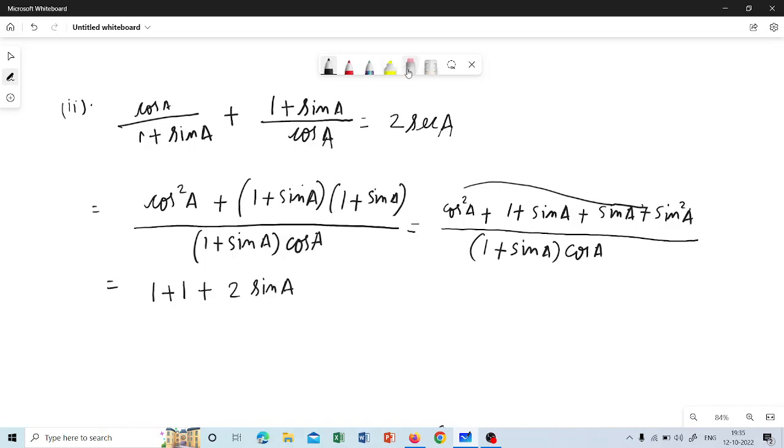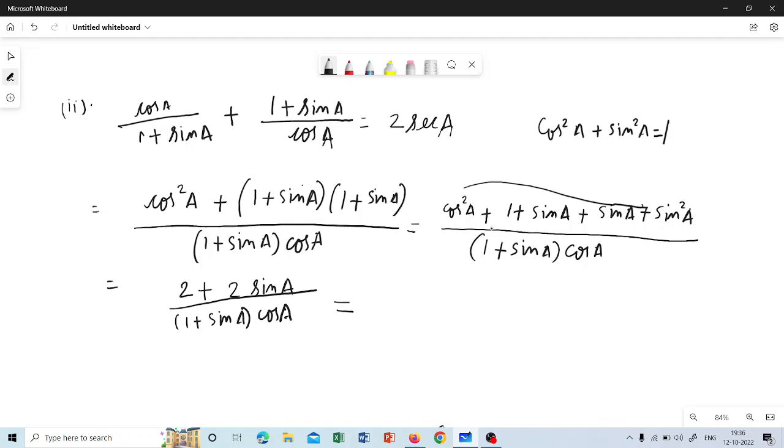So now if I write here 2 plus 2 sine theta, the denominator is there, 1 plus sine A by cos A. So now it would have been noticed why I didn't simplify it. I'm using this identity to get the 1 in the numerator. We know that cos square A plus sine square A is equivalent to 1.